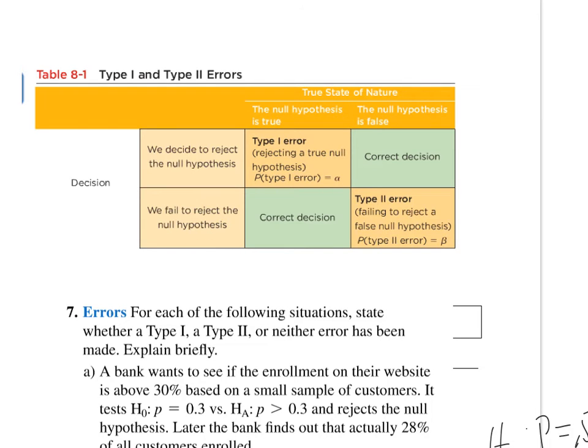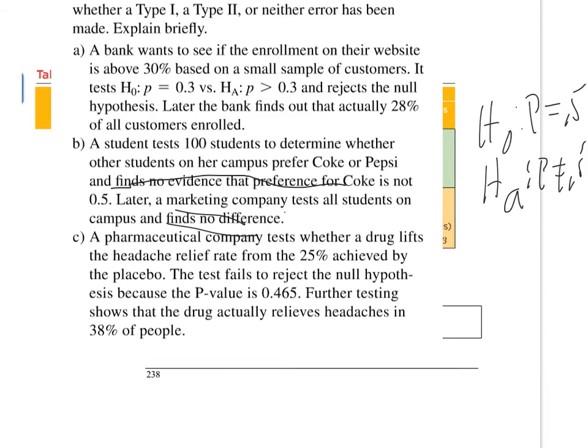Failed to reject H0, and it looks like that's actually true. The null hypothesis is true. That's a correct decision. It wasn't a type 2 error, or a type 1 error for that matter. Okay, so you see how that one worked? That was a little confusing. Made me think about it for a minute.